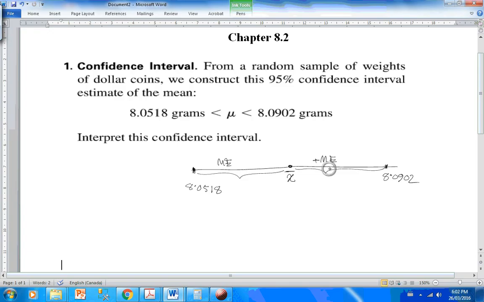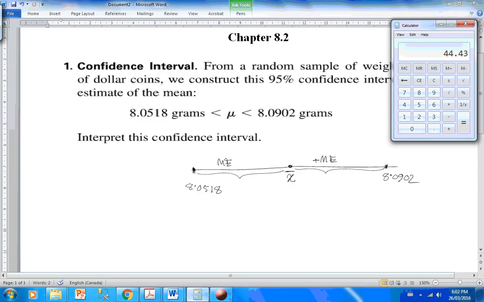So to find each of these margins of error, we can just take this whole distance and divide it by 2. So if I use my calculator, I can just deduct this lower bound from the upper bound to get the whole length of this confidence interval. Let's do that. So upper bound is 8.0902.